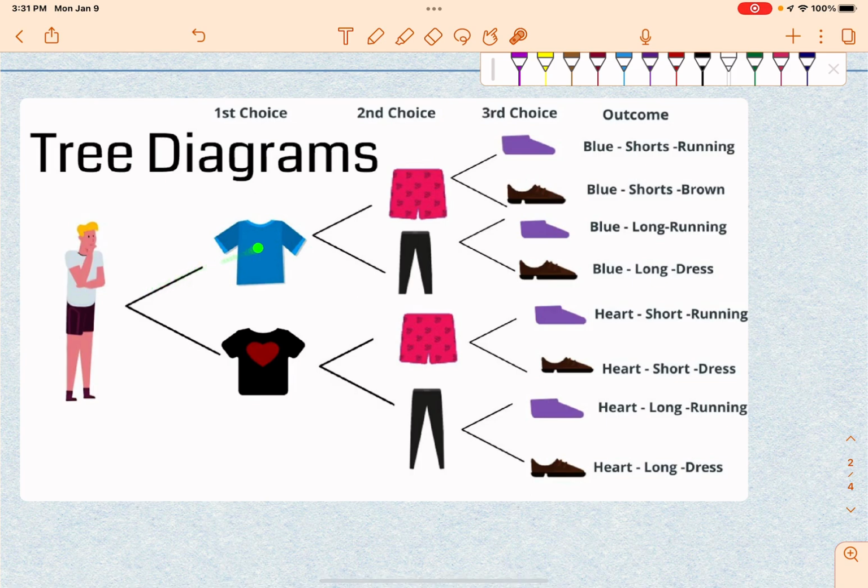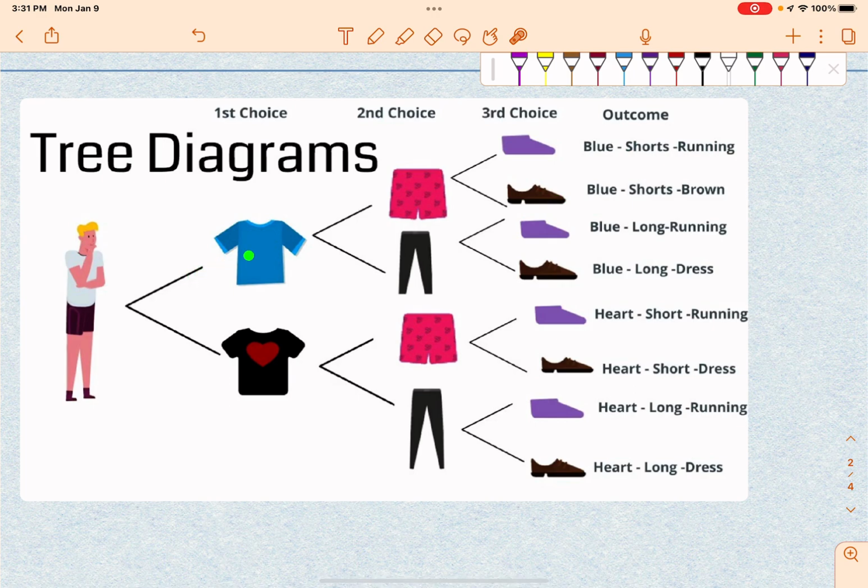If you look at the choices, whether you get this shirt or this shirt, I still have shorts or pants that can possibly happen. Regardless of whether I have shorts or pants, I can either have a blue running shoe or a brown shoe.